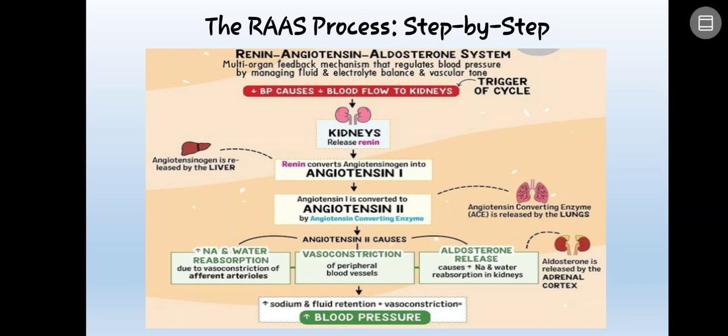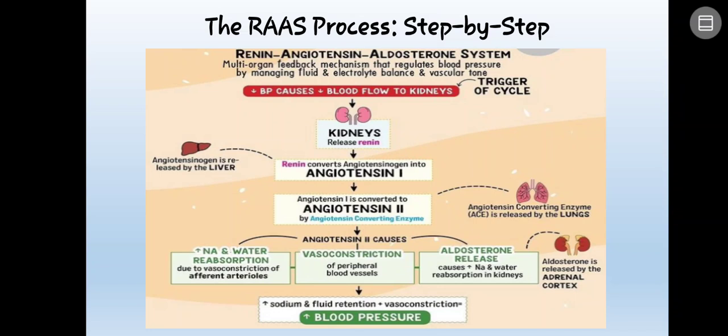Within your afferent arterioles, we have some baroreceptors that are highly sensitive to changes in your blood pressure. So once there is a massive change, like a decrease in your blood pressure, these baroreceptors in the afferent arterioles will detect it.